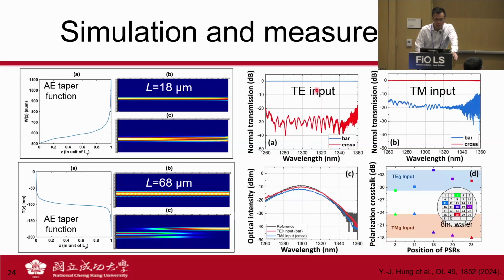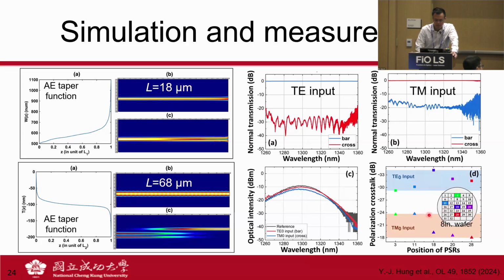So we can see for the TE input, it basically goes out from the bar port and very little is coupled to the cross port. And for the TM input, you also get a pretty good polarization extinction ratio. And here we made these devices on an 8-inch wafer, and we also looked at different positions on the wafer.